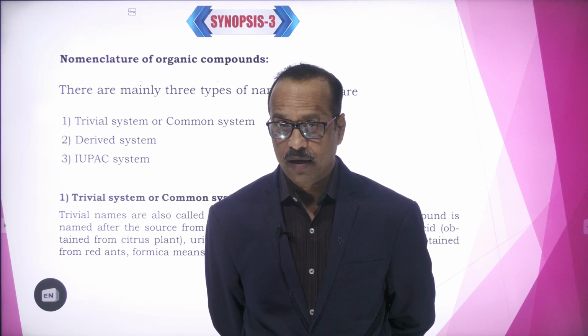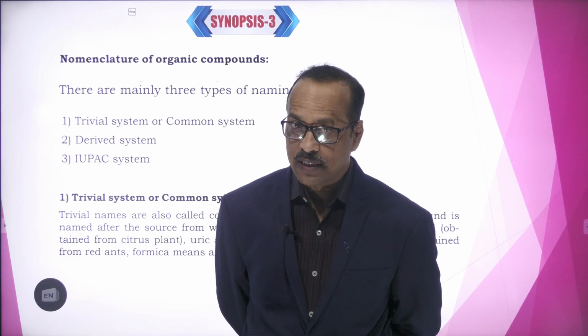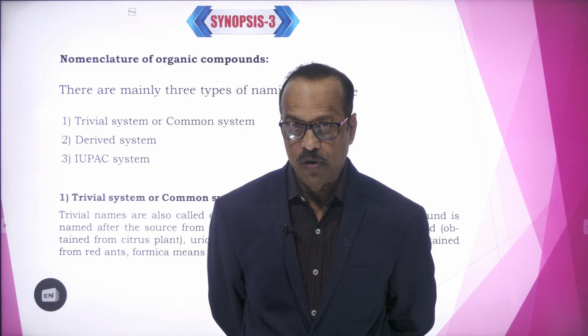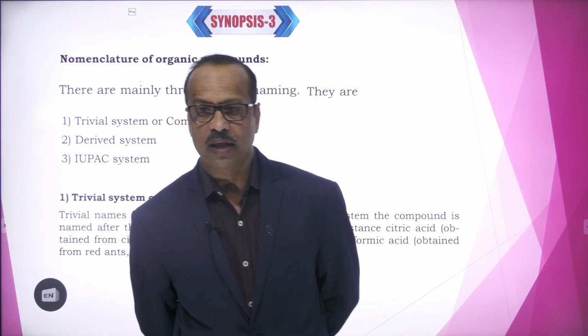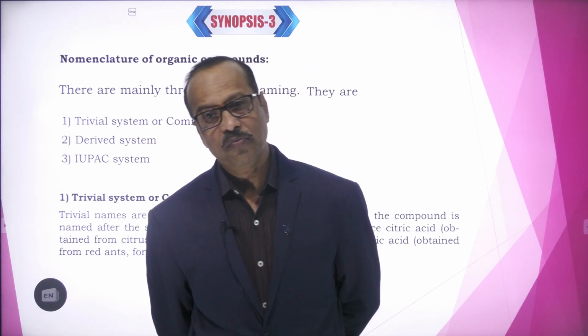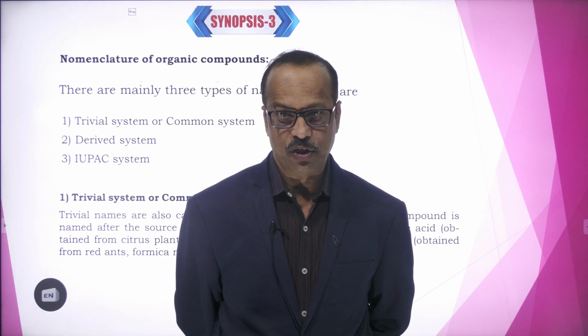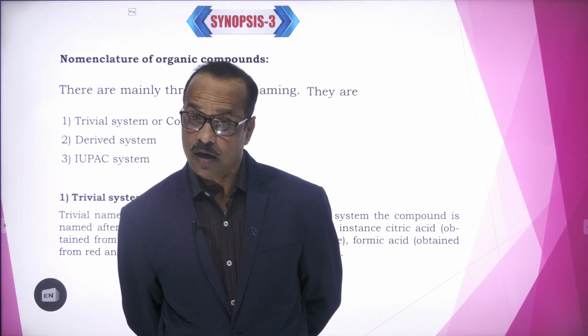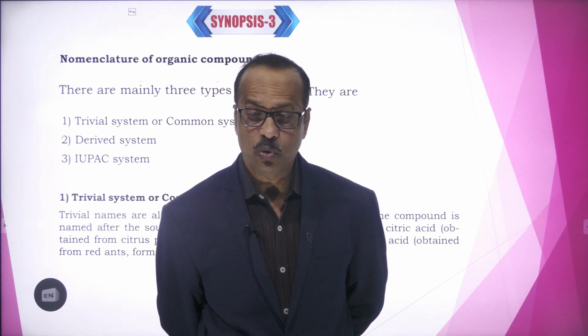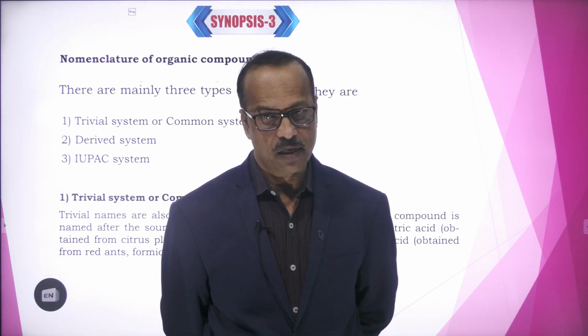After this synopsis, you will be able to give the name of any organic compound. Or if any organic compound name is given to you, you will be able to write its formula, and not only the formula, but also its structure. Clear?